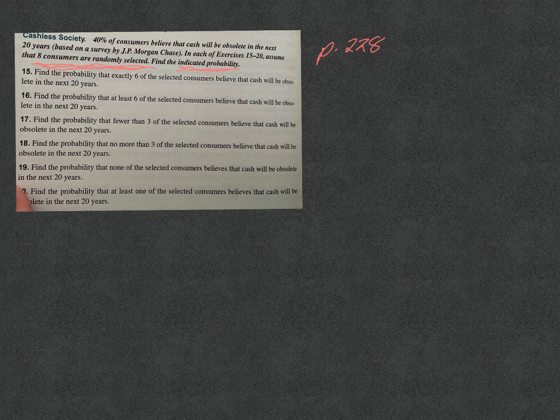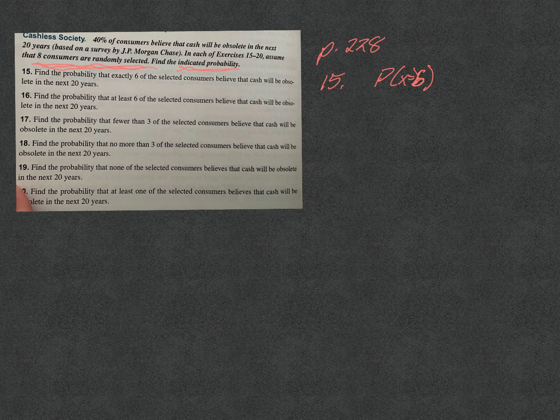Number 15 says, find the probability that exactly 6 of the selected customers believe cash will be obsolete. So they want me to find the probability that X equals 6. That's exactly one element.